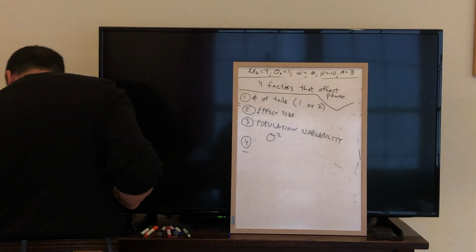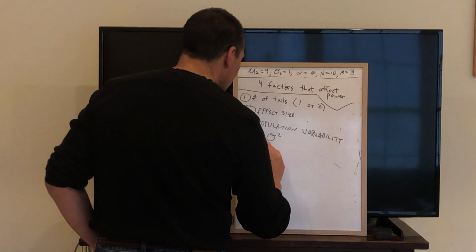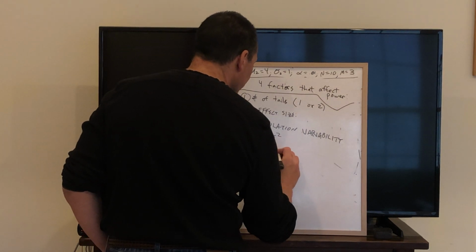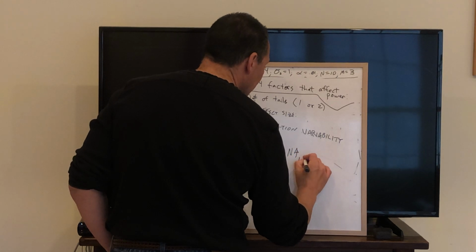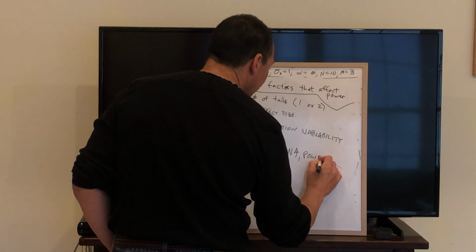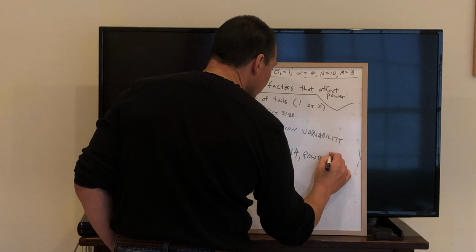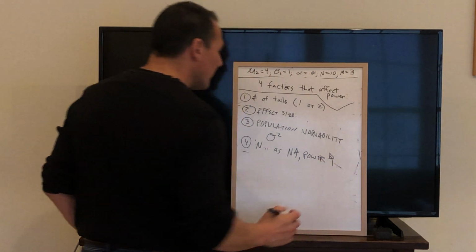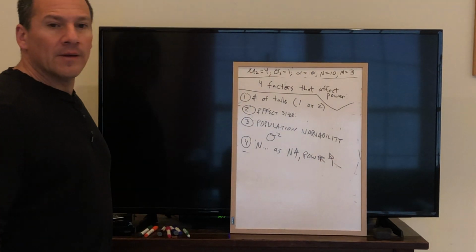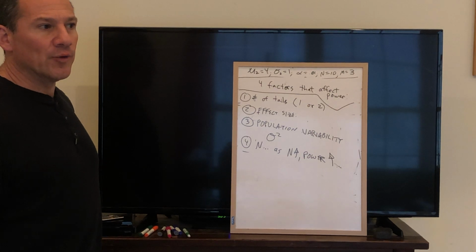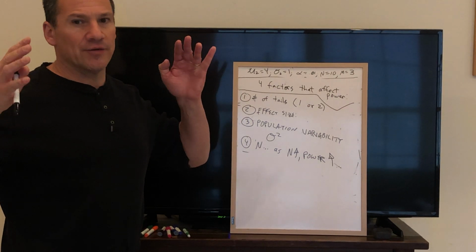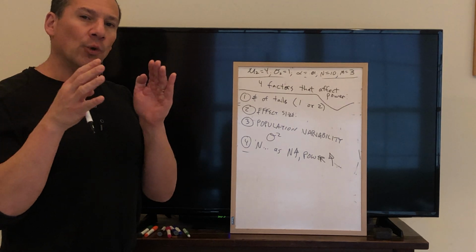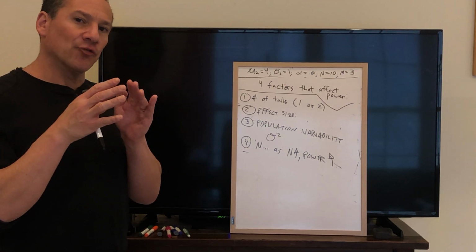Finally, I'm going to talk about sample size. As n increases, power increases. And this has to do with the comparison distribution and how the standard deviation of your comparison distribution will go down as your n increases.